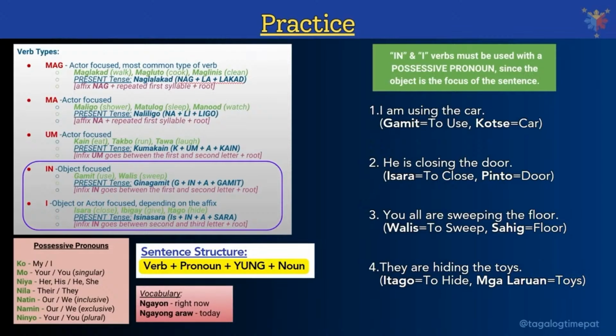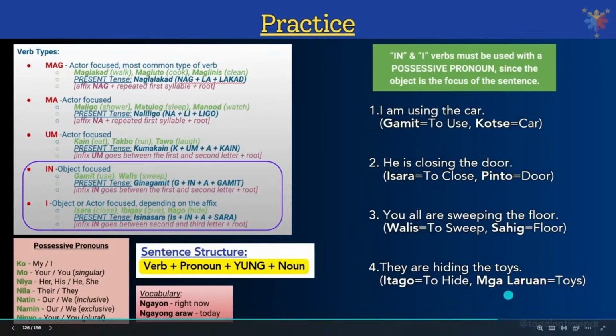Sahig means floor. Number 4, they are hiding the toys. Itago means to hide. Mga laruan means toys. So this is interesting. If you want to make a noun plural, you have to add the word mga in front of it. It's not like in English where you just add an S at the end.